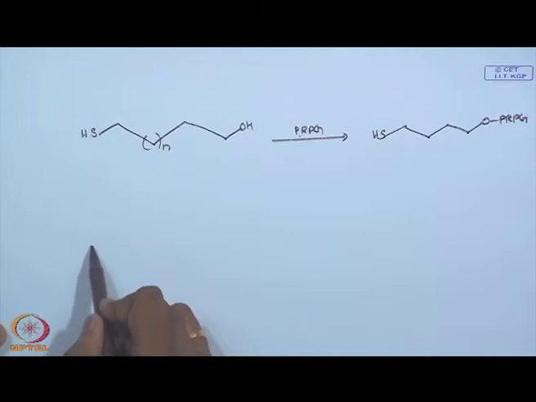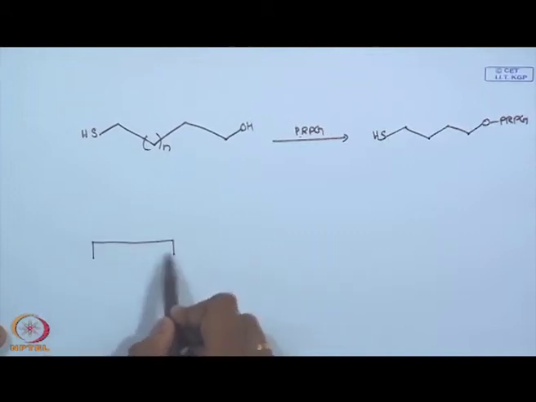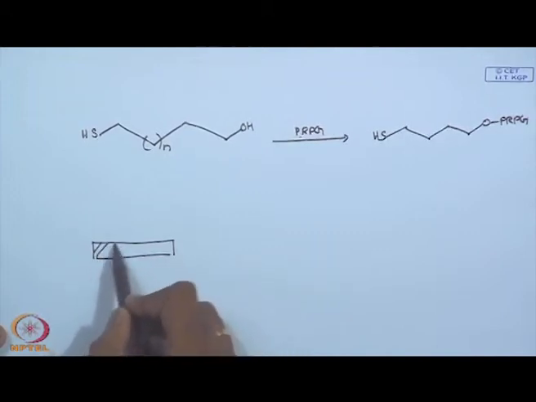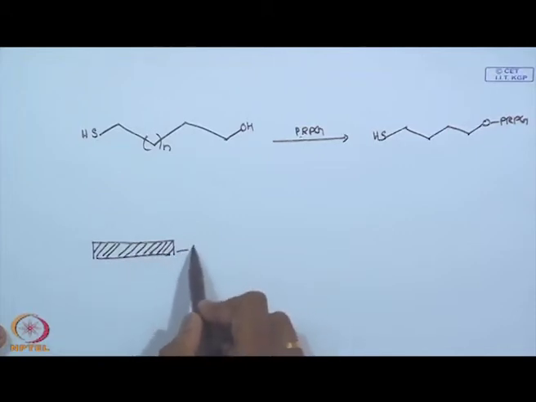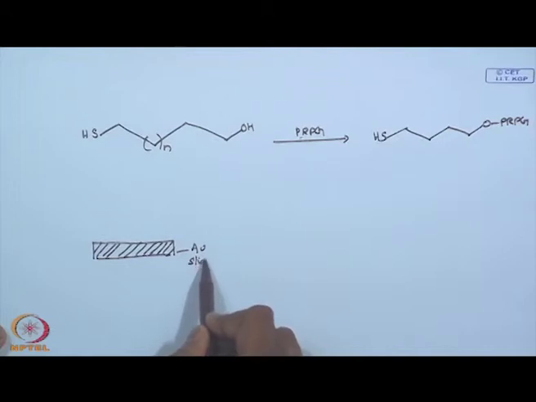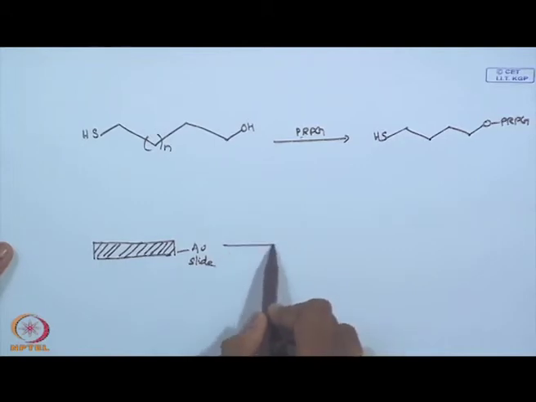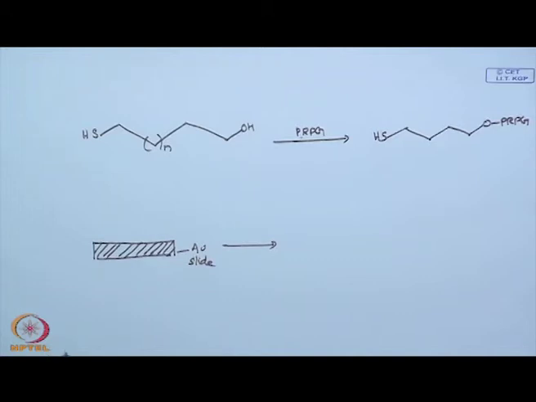Now you take your gold slide and dip it into your thiol. You know that thiol has a great affinity towards gold. What does it form?